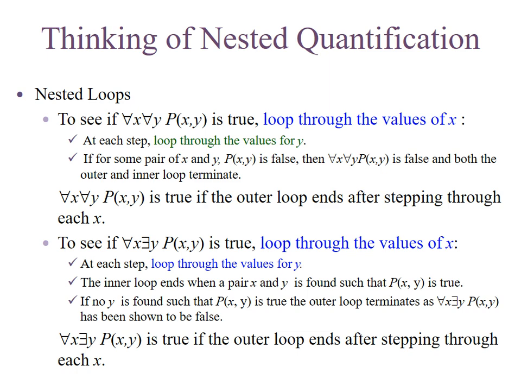Then you look at all elements within the domain of y. Once you discover for a particular y that P of x, y is false, then for all x, for all y, P of x, y is false. If it goes well, then you enumerate all y within the domain, and we make sure that particular x is okay. And then you jump to the next element of x. After you examine all elements of x within the range, then it's all okay. Then we can say for all x, for all y, P of x, y is true.